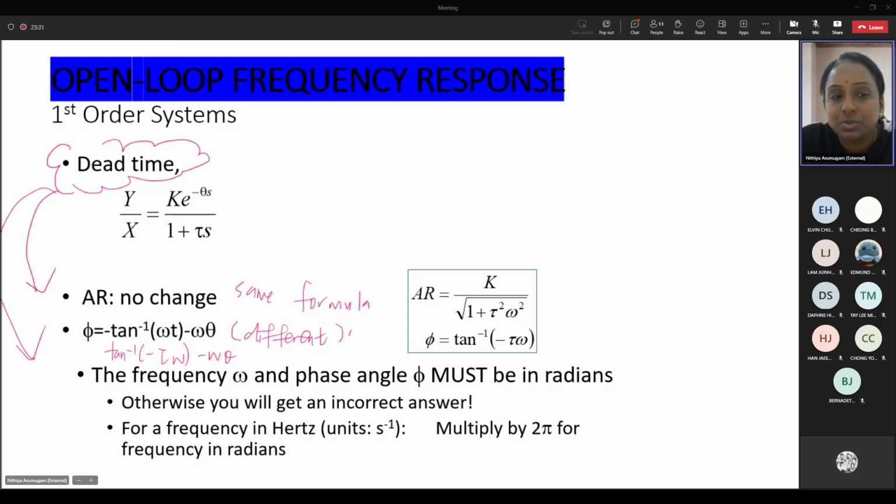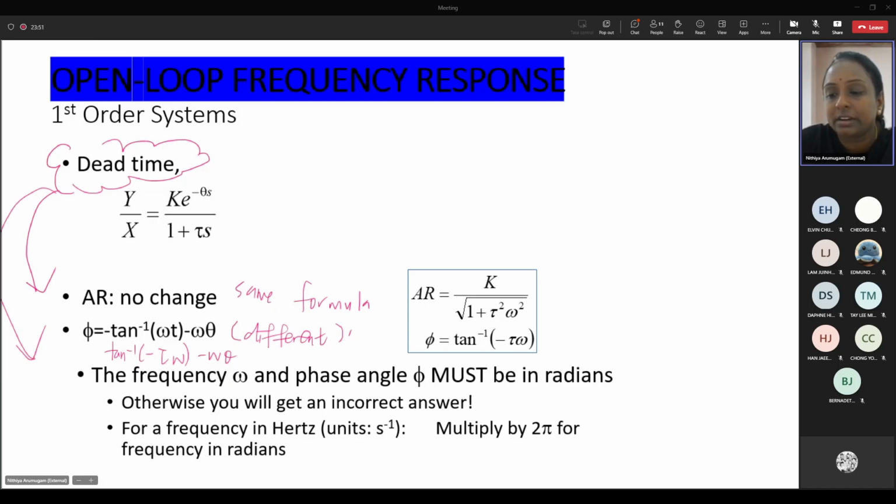But when it comes to dead time, that is totally different, in contrast to lag time. We define dead time as a period of time during which the change is not manipulated immediately.